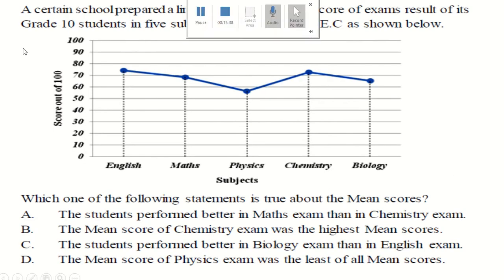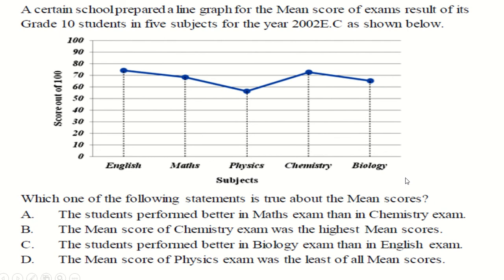Okay, the next question. A certain school prepared a line graph for the mean score of exam results of grade 10 students in 5 subjects for the year 2002, as shown below. The subjects are English, mathematics, physics, chemistry and biology. For English, the score is above 70.